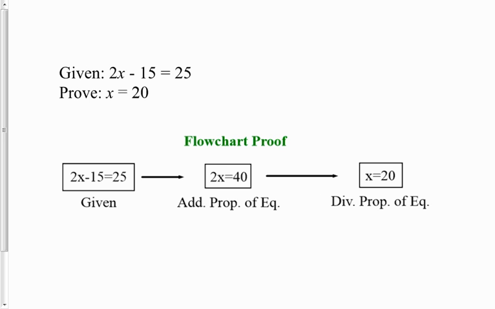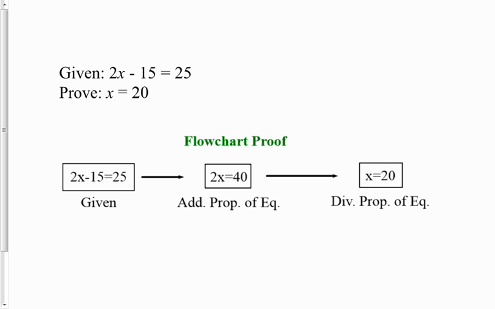Now let's take a look at a flowchart proof. Let me remind you, this is a very basic flowchart proof. You can see that in each box is each step of the proof. And under each box is the justification for why each step occurs.